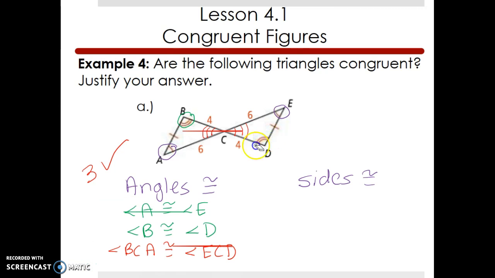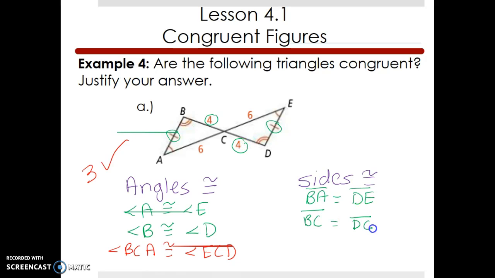Let's check the sides. We have BA congruent to ED, it tells you over here. I switched them because B goes with D. Then BC is 4, and this is 4 as well, so BC is congruent to DC.